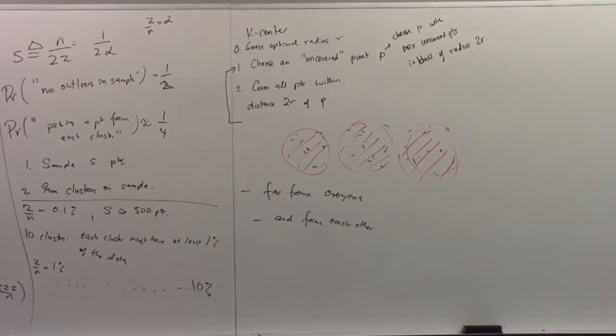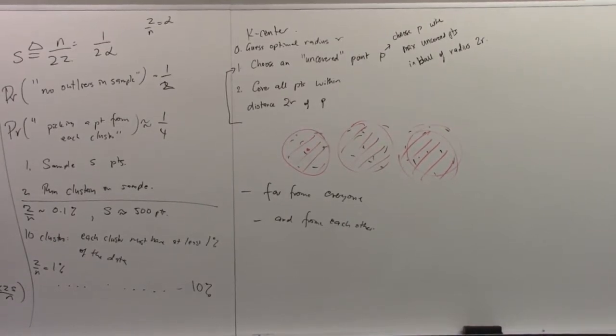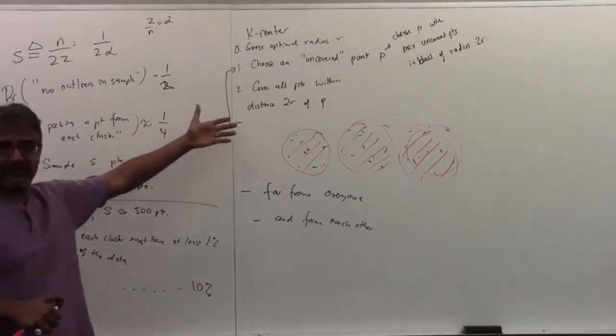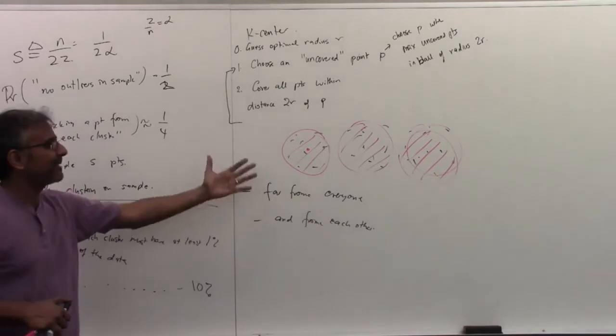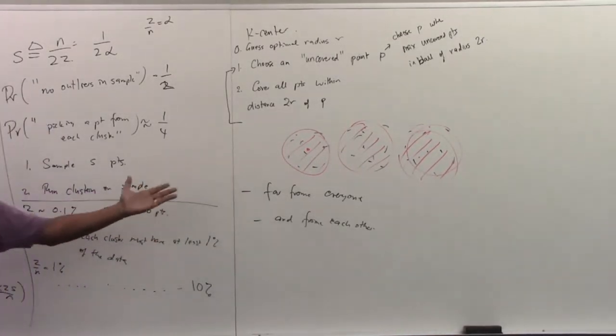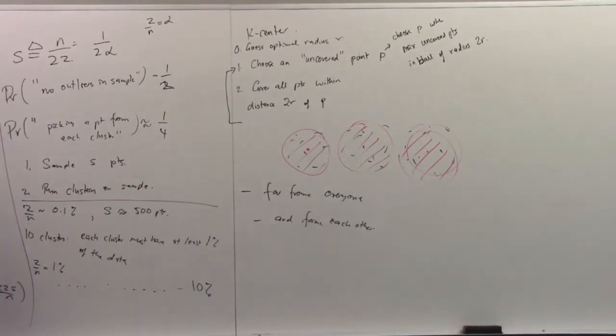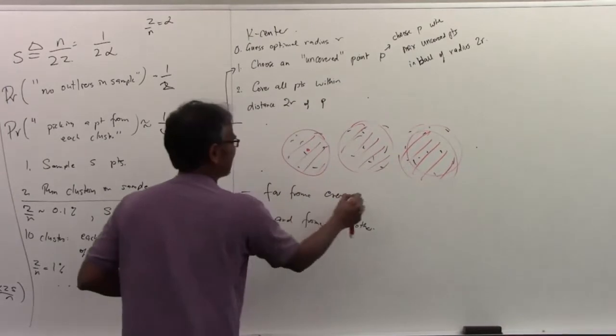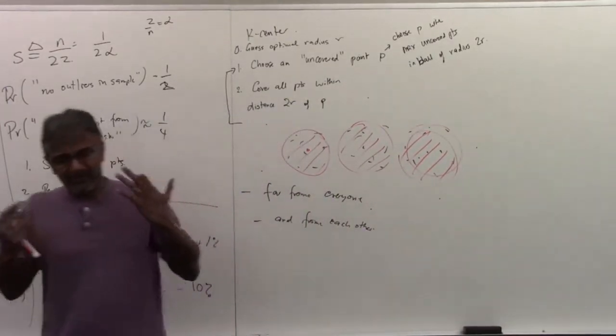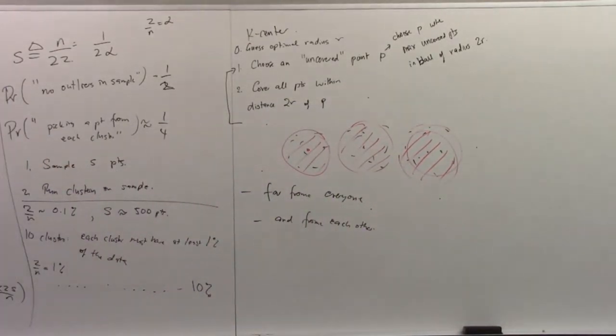So a point that you don't cover in this process, if you end up with points not covered, has these two properties. And in some sense, this is the implicit definition of an outlier that we're going to be using. So this is the picture you should have in your head. Again, it conforms to what you might think of as a natural definition of an outlier, but I'm just making it more precise.